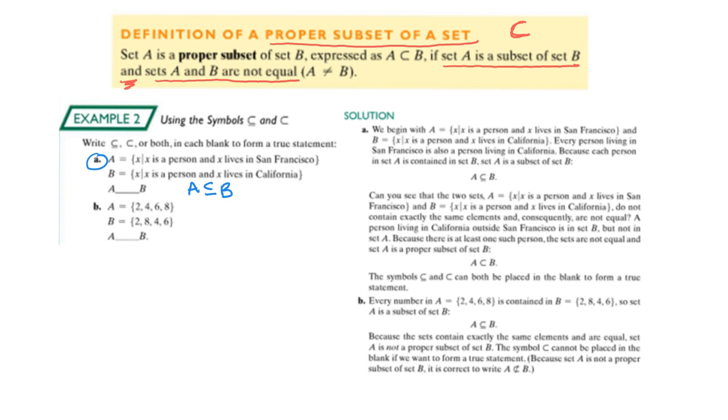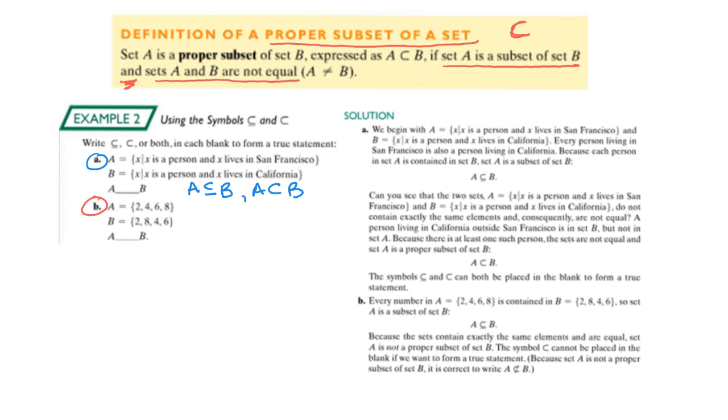San Francisco is not equal to California. San Francisco is just a city, limited to a city. So these are not equal. Therefore, I can also say that set A is a proper subset of B. So we can actually use both of those symbols for part A.